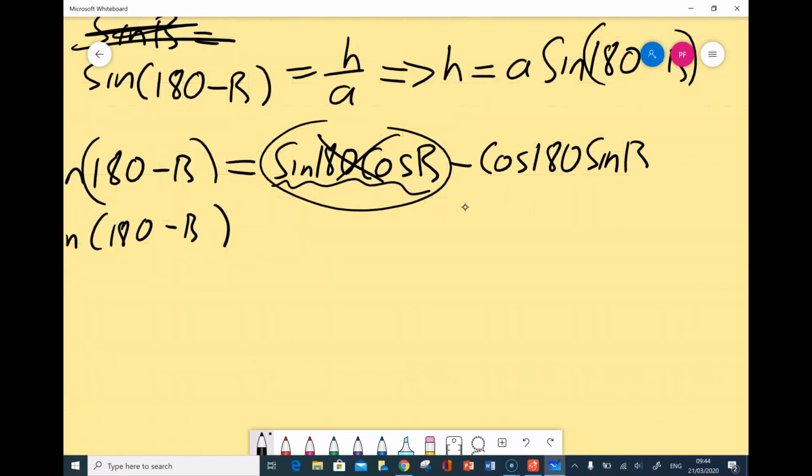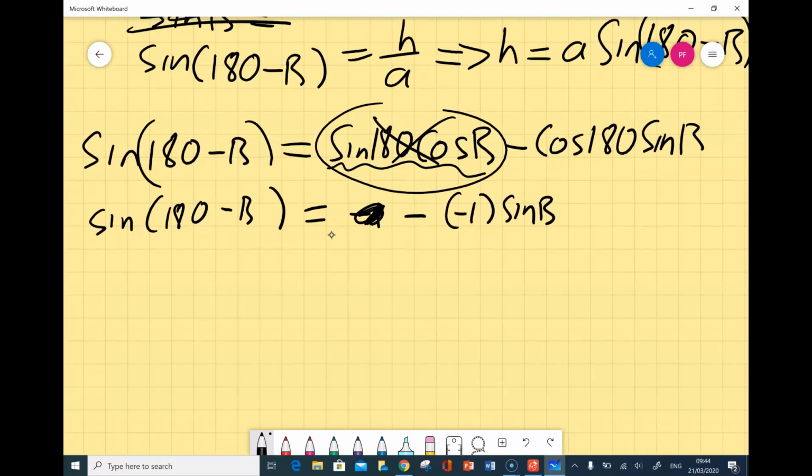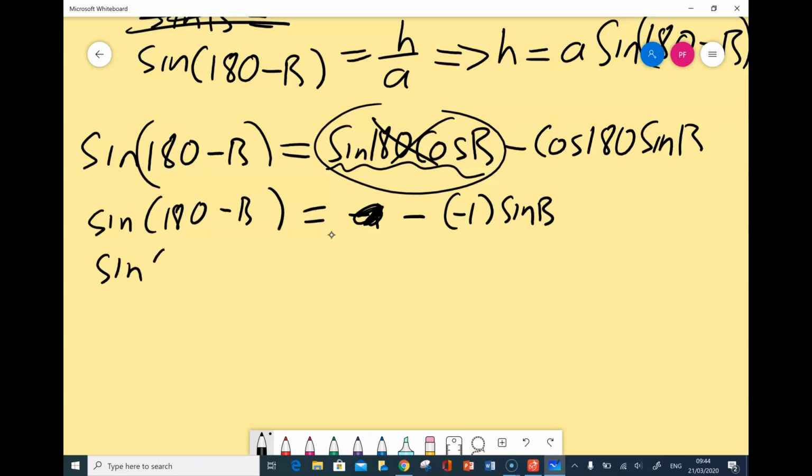And I'm left with minus cos 180, which is minus 1. So it's minus 1 times sine B, and therefore sine 180 minus B is just equal to sine B.